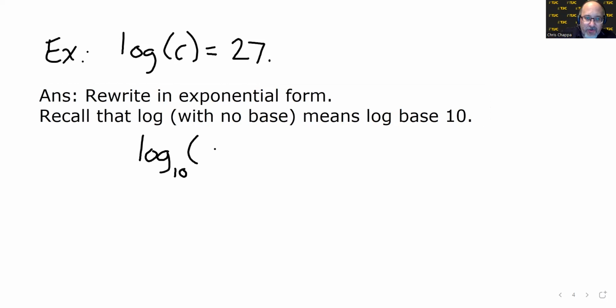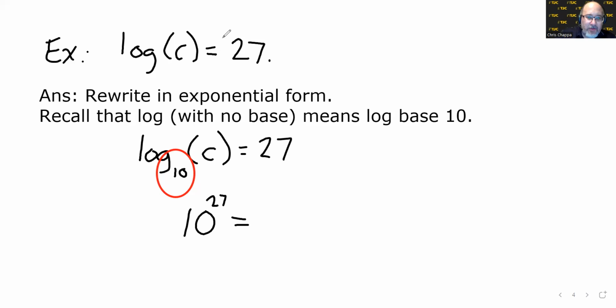But if it helps, write it. And remember that the answer to a log, which in this case is the 27, is the power, which means the 27 is going to be the power on something that turns the base, which is 10. So the power goes on the base, and it turns the base into the argument.